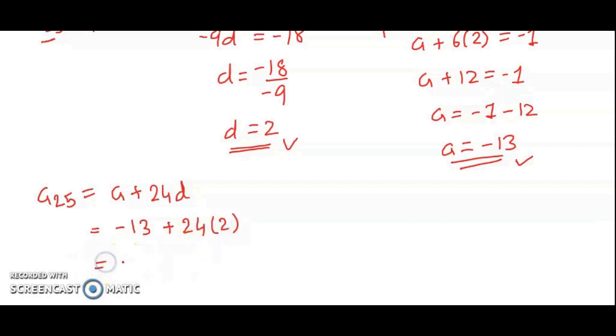So we get the value of A25 as minus 13 plus this is 48. So we get A25 is equal to 35. This is our answer. The 25th term of the given arithmetic progression will be 35. Let's see the next problem.